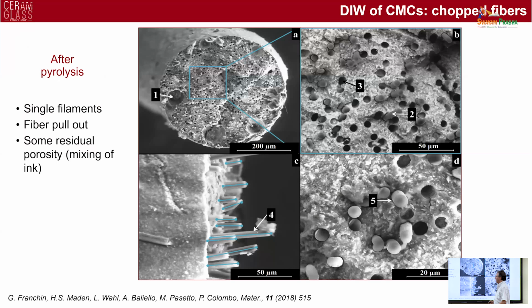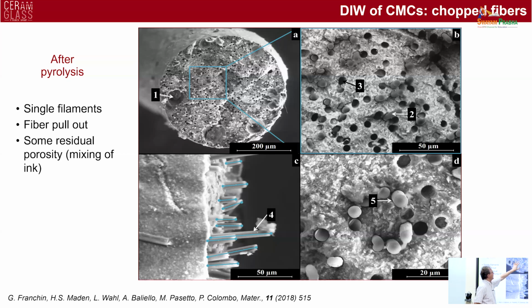So we wanted to look at the pull-out, and therefore we looked at the cross-section, and you can see that we have, in this case, a little bit more limited pull-out, but we have some pull-out. So you can see the fibers, and in some cases you have holes because the fibers have been extracted, and in other cases you have fibers protruding because on the opposite face you have holes corresponding to the position of the fiber.